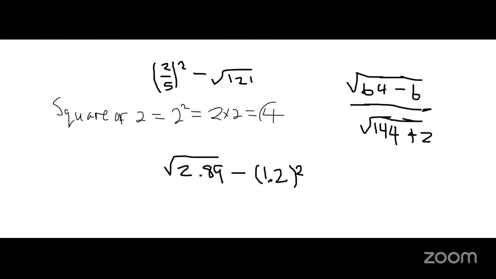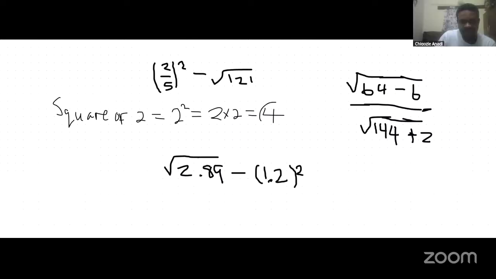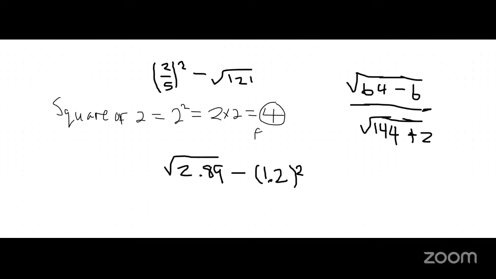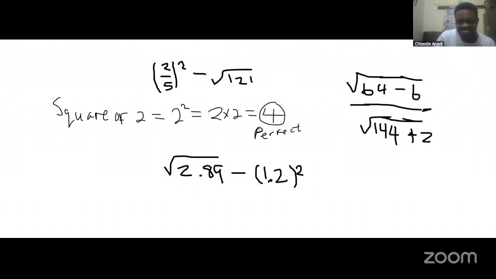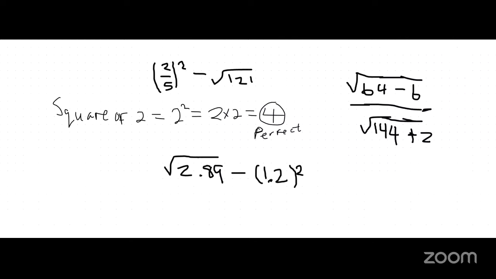And you know what a perfect square is? Numbers that can have, how do I explain it?